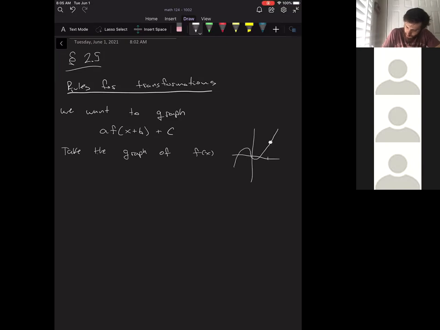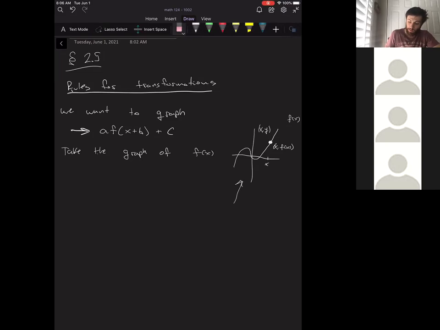Say this is an x value, this is the point x, f of x, or like we said before, another way of thinking about that point is just x comma y. This is going to be the graph of f of x. So this is the function we now want to graph. We're going to multiply a in front of f of x, add b directly to the x, and then add c at the very end. Those a, b, and c are going to manipulate the graph of f of x.